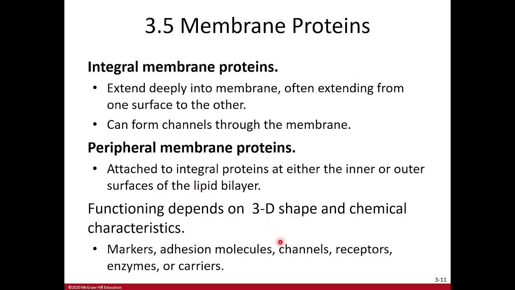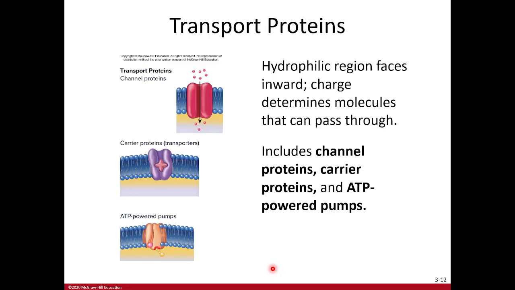Now we can have peripheral membrane proteins that are attached either to the inner or outer surface, and these will have different functions depending on the three-dimensional shape and the chemical characteristics. So some of these peripheral proteins can be markers. Other ones can adhere the cells to one another, so it's what we consider the adhesion molecules. Other ones can be channels, receptors, enzymes, or carriers.